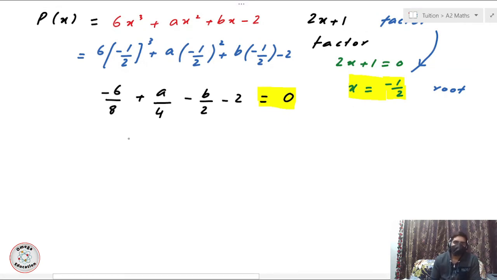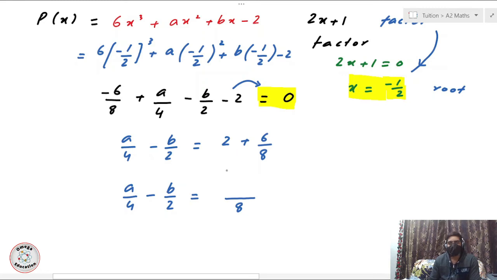So it would be a over 4 minus b over 2 equals, this negative 2 can be shifted on the other side, plus 2 plus 6 over 8. 8 would be the LCM, and we'll be left with a over 4 minus b over 2 equals 22 over 8.